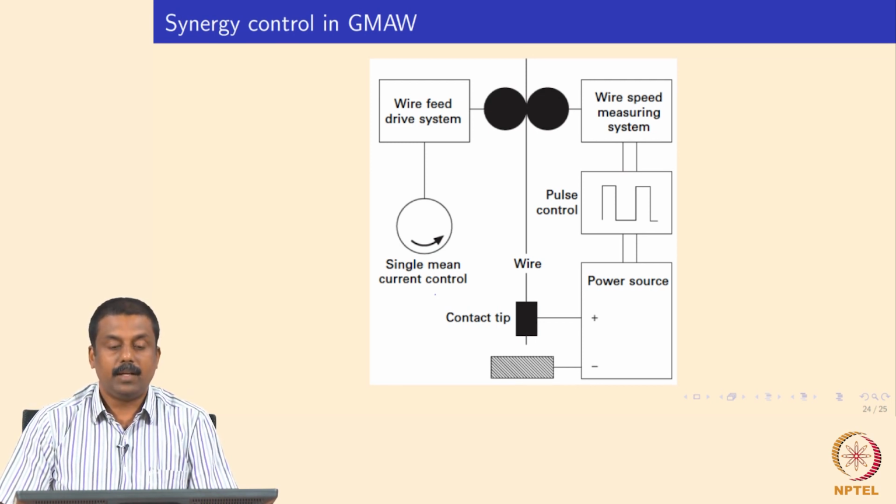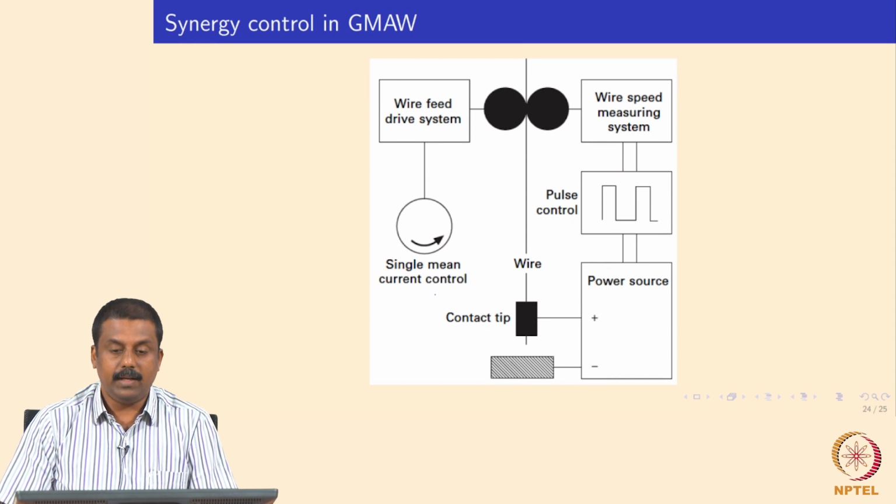synergy power sources, where, because of the control over the input current and the voltage, as well as the wire feed rate, using microprocessor based power sources, we can independently control the wire feed systems, the current, and the voltage. We can measure the waveform simultaneously.